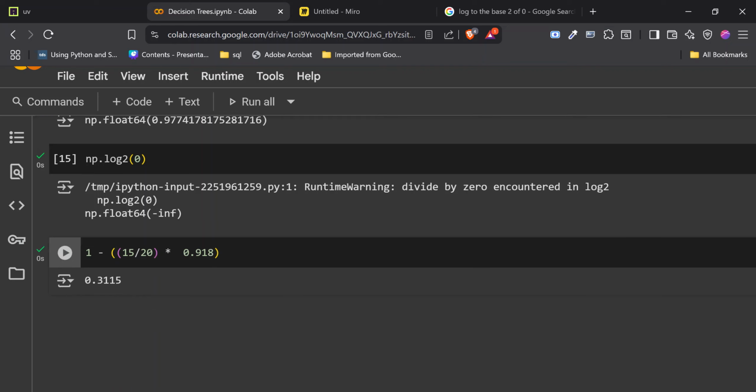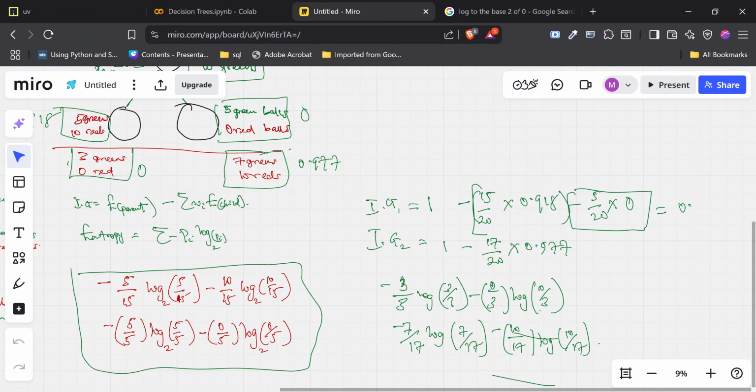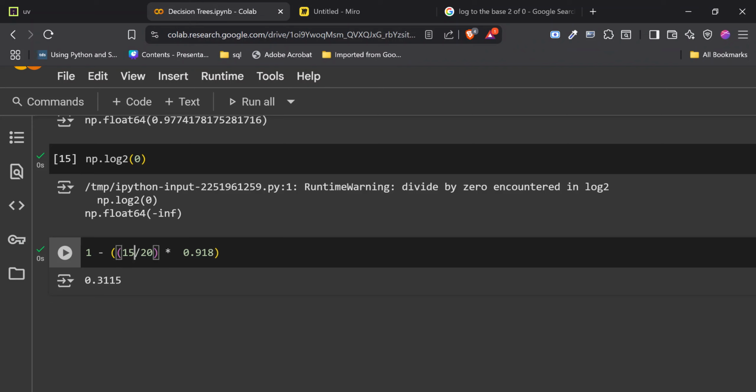We have 0.3115. So IG1 equals 0.3115. And this second one is going to be 17 over 20 multiplied by 0.977.